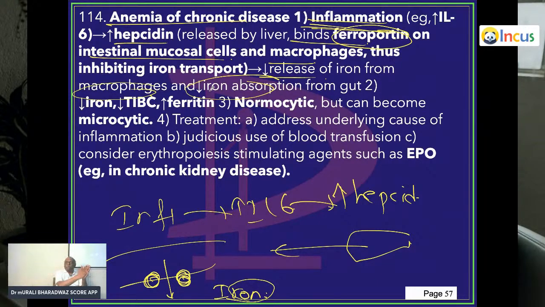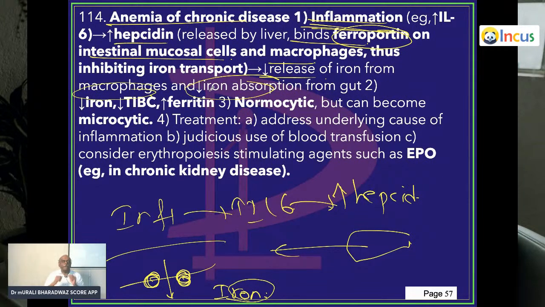So chronic inflammation leads to increased which interleukin? 6. That leads to increased production by the liver of hepcidin. High hepcidin will cause diminished ferroportin. Where is the ferroportin present? Intestinal mucosa and macrophages.